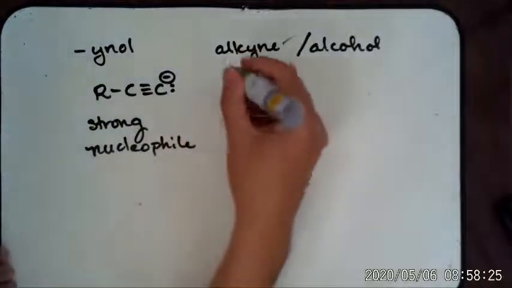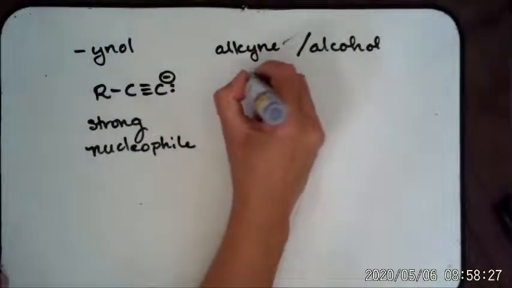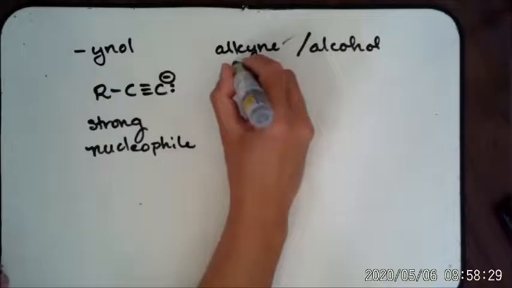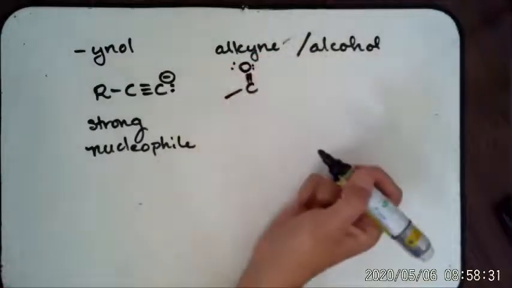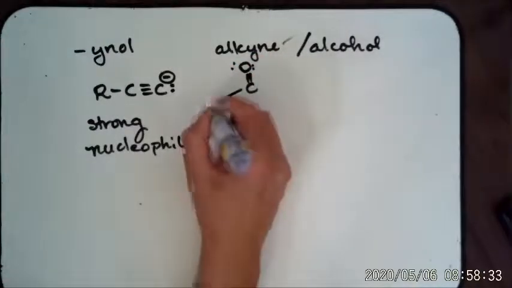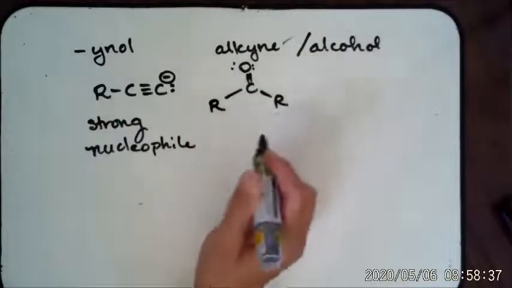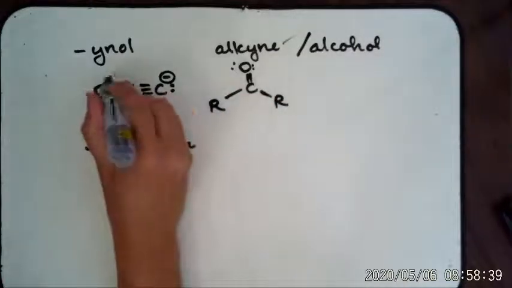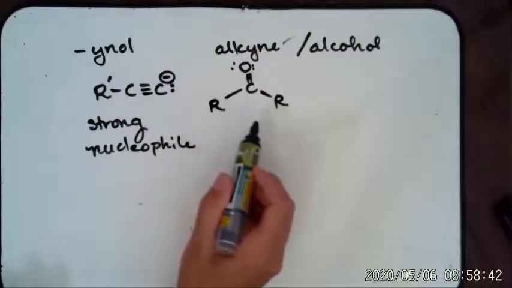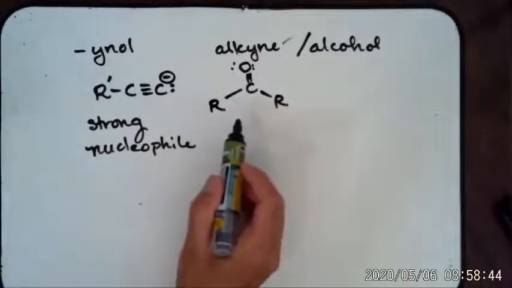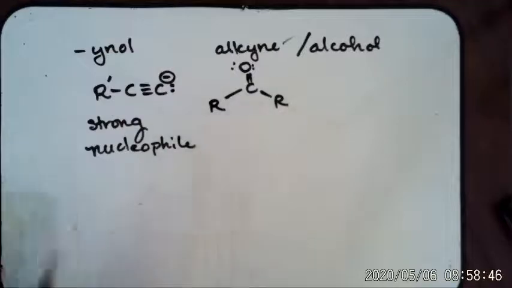Let's try a different group. Let's do a carbonyl group. And why don't I give you just an R group here and an R group there. I'm going to put R prime here. So all these groups can be different. They can all be carbon hydrogens, but they don't have to be the same. But this is what's going to happen.